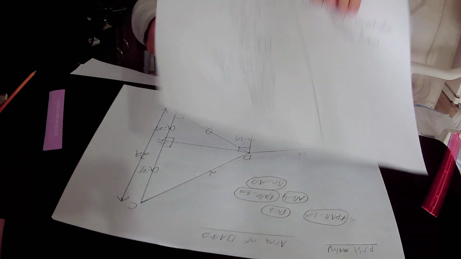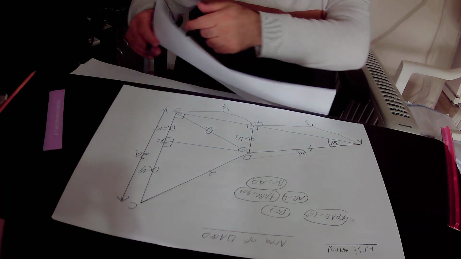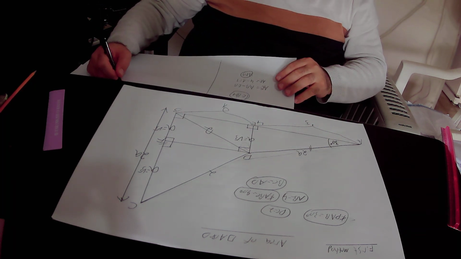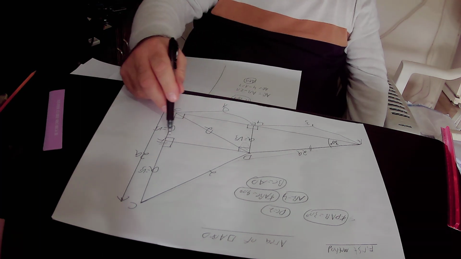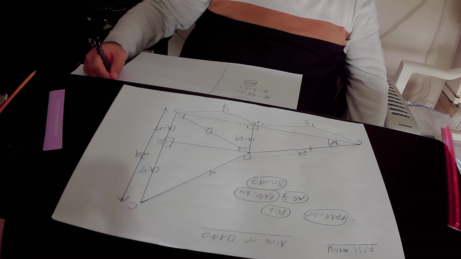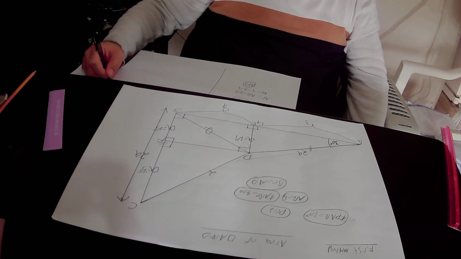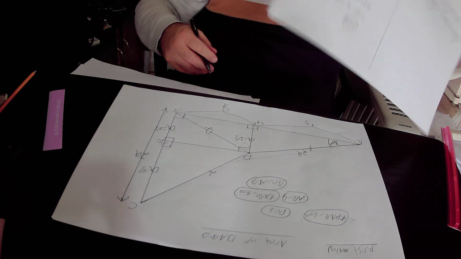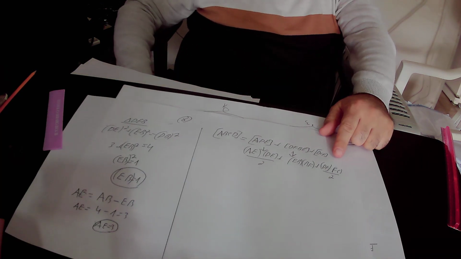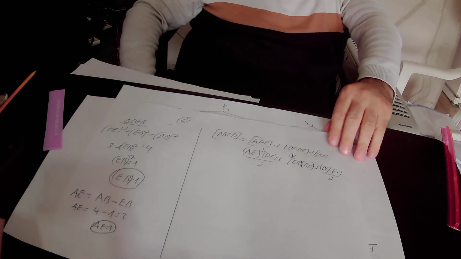Again, the area of rectangle DFBE equals EB times BF. The area of triangle DFC is the base of the triangle, that is DF, times the height to the base, that is FC, over 2. I'll repeat again, the area of triangle DFC equals the base DF times the height FC over 2.